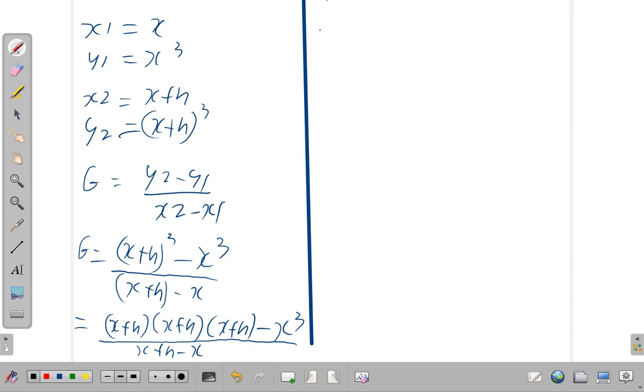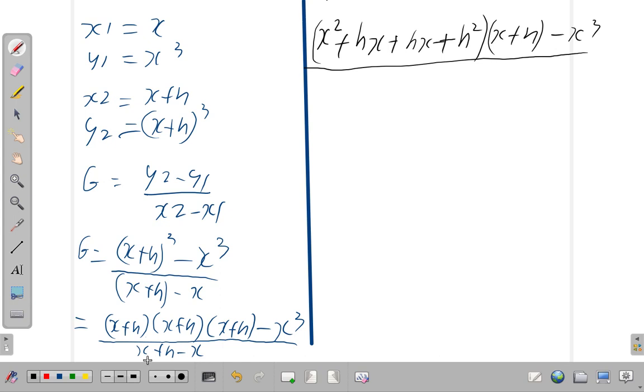So we have x squared plus x times h is hx, plus h times x is hx again, plus h times h is h squared, and that will multiply x plus h, and all of that will minus x cubed over x minus x is 0, so it's over h.